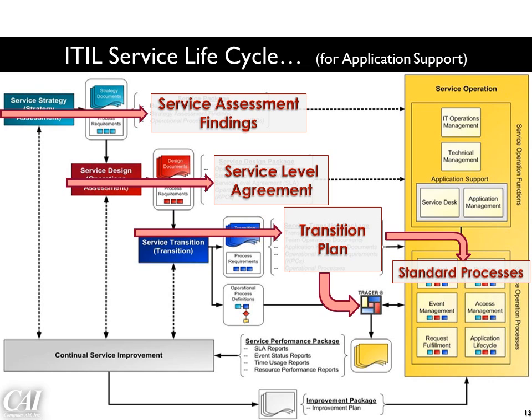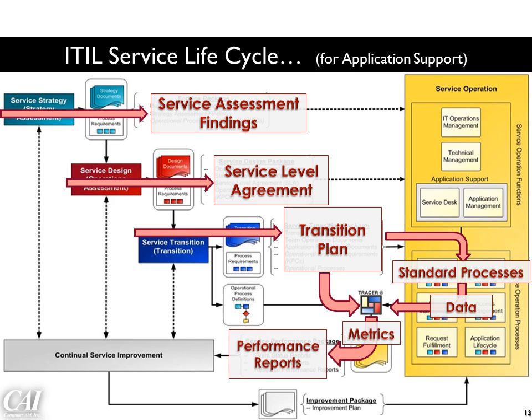We use service operations to operate the processes, collect data with the Tracer ITSM tool, and produce metric and performance reports. We use service performance reports and metrics in continual service improvement to better align processes, improve resource performance, reduce costs, and improve customer satisfaction.